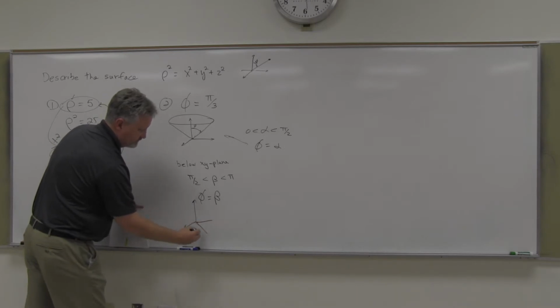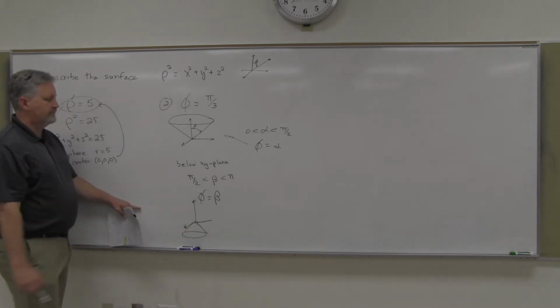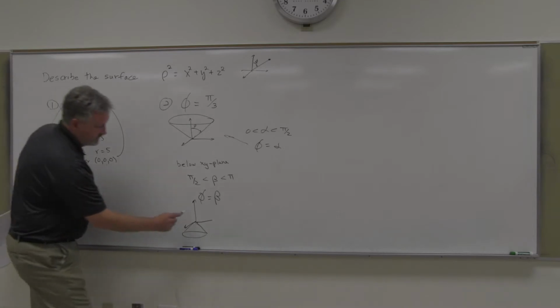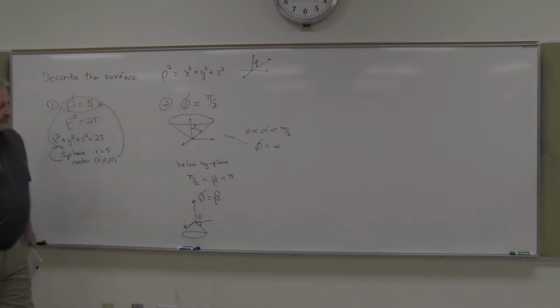It's hard to draw, but your beta angle is more than 90 and less than 180. All right, enough of that.